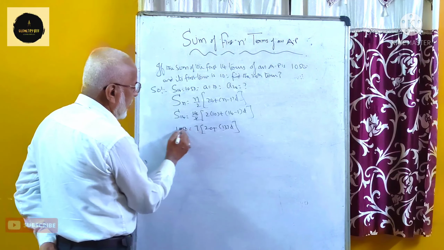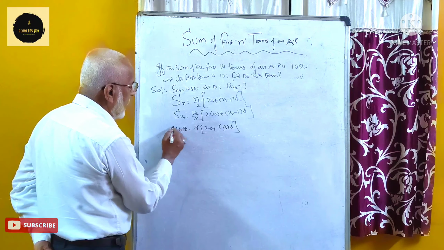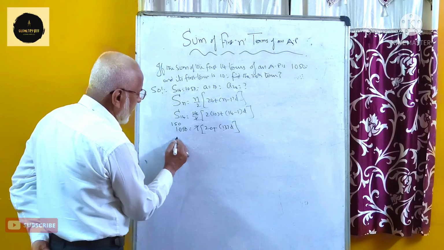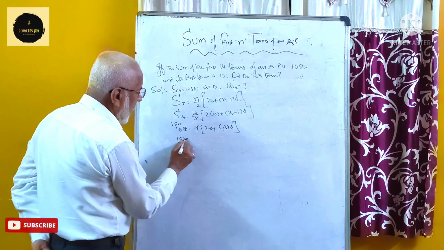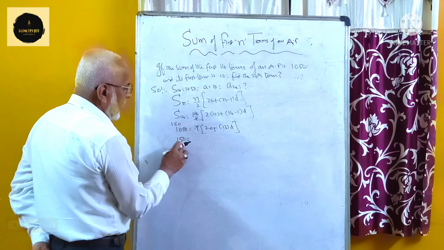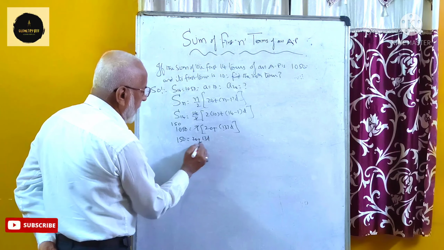What is the common factor between 7 and 1050? 7 is the common factor. Dividing 1050 by 7, we get 150. So on the left hand side I write 150, equal to 20 plus 13d.